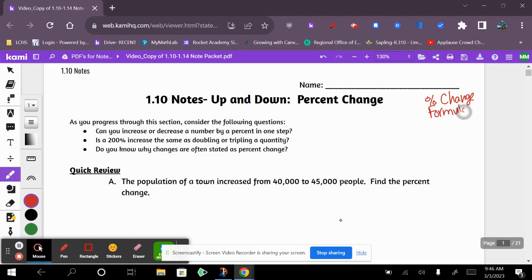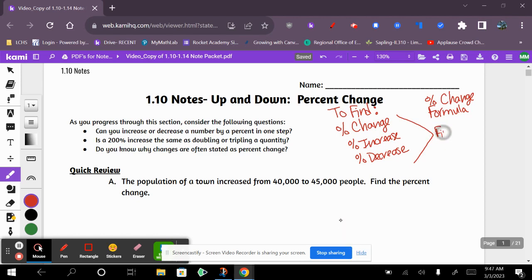This formula will be used anytime that you are asked to find any of the following: the percent change, the percent increase, or the percent decrease.